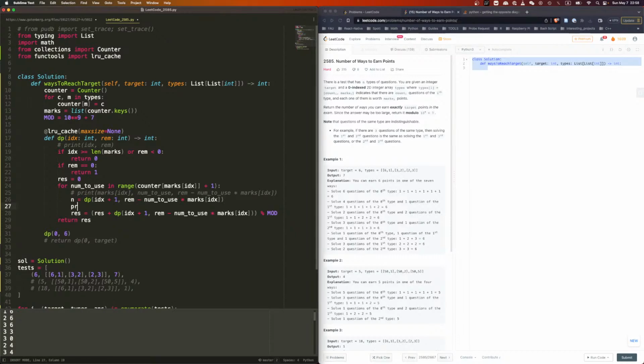We can print. Let's print marks, num to use, right? And probably remaining. And how many we have done.